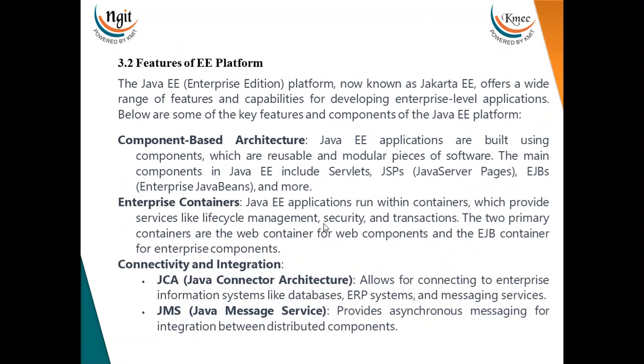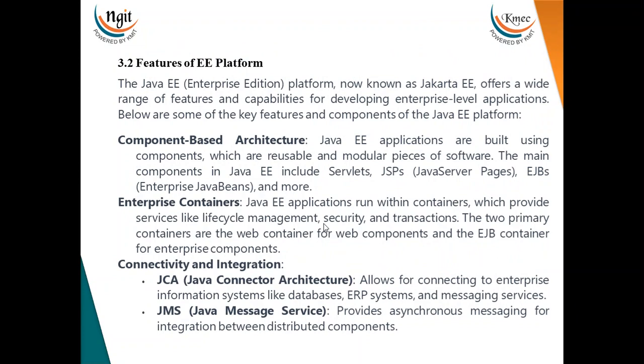It makes use of servlets, JSPs for dynamic website creation, EJBs, Enterprise Java Beans, and many more. And there are enterprise containers, which help us run within the container, which provides services like lifecycle management, security management, and transaction management.